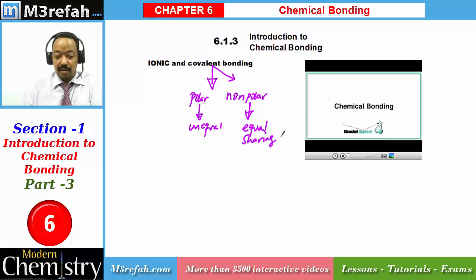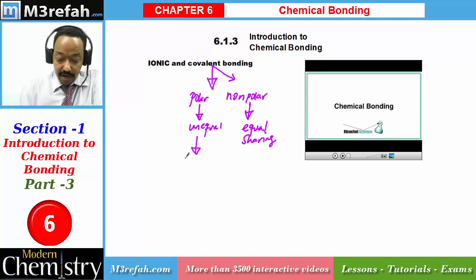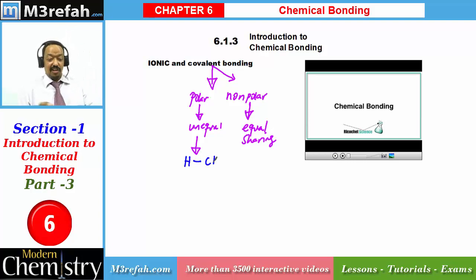If you are going to evaluate sharing, we can give one example for each. For the first one, we can have unequal sharing, one element hydrogen with chlorine. Whenever two atoms are placed in a periodic table at different corners, that place by itself indicates they have different electronegativity.